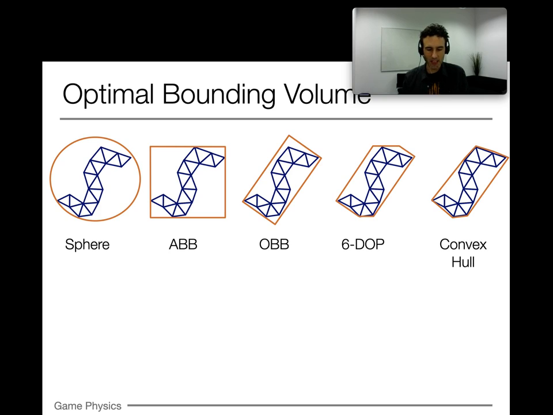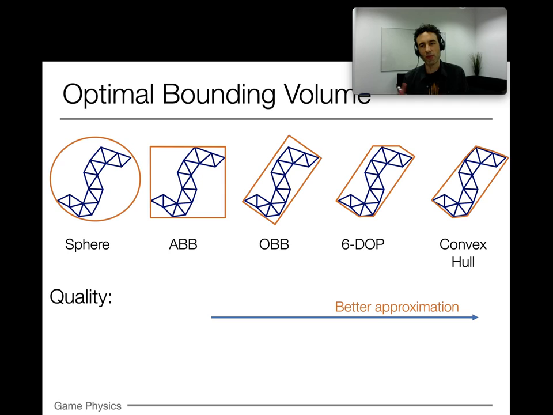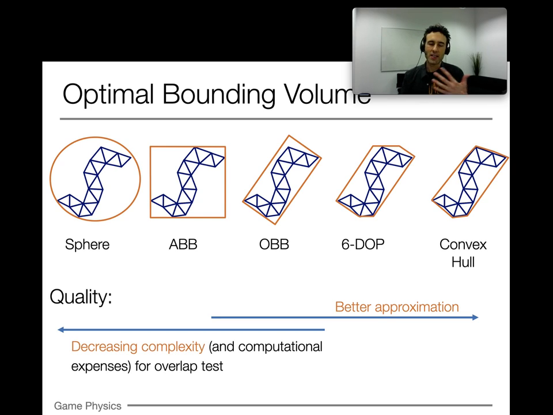All these different possibilities to construct bounding volumes give us a nice trade-off. On the right hand side here with the convex hull we have a better approximation. The convex hull really is also the volume-wise smallest shape to fully enclose an object we're interested in, but it's relatively complex. On the other hand, we have shapes that waste more empty volume, that are potentially too large, but very easy to deal with, and then typically also fast.